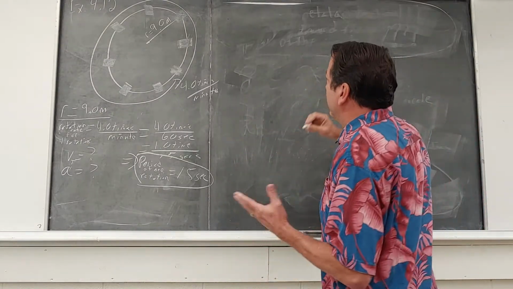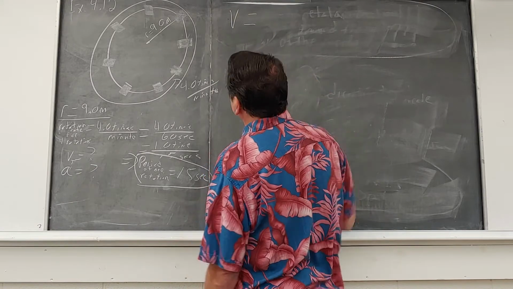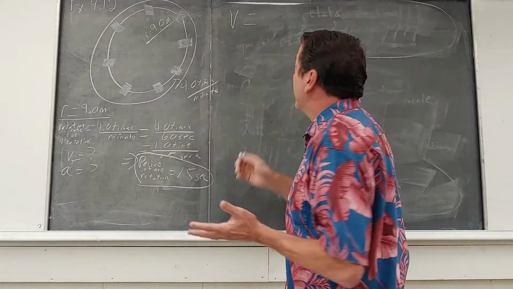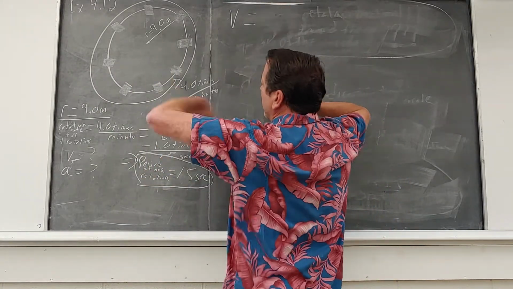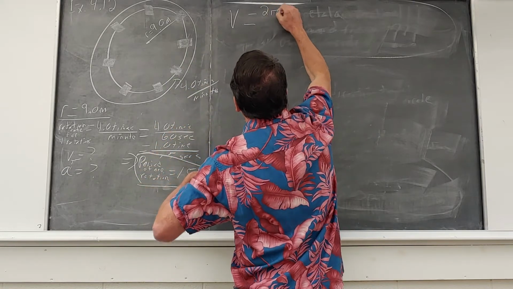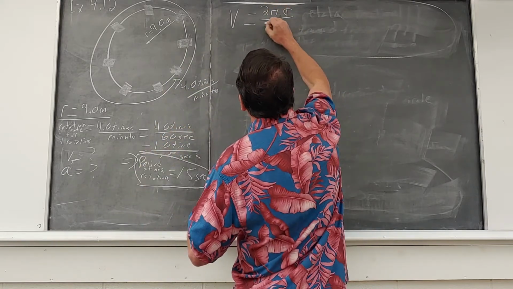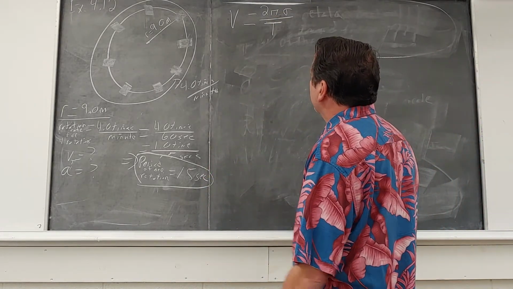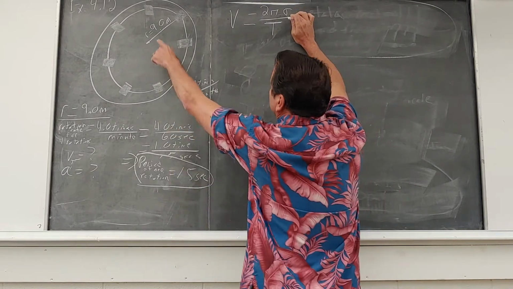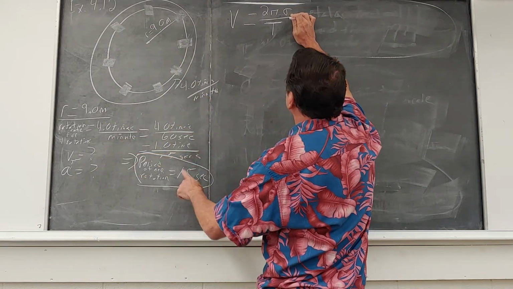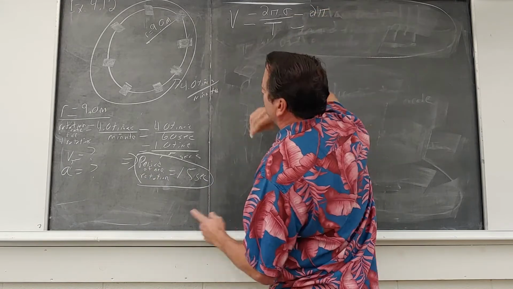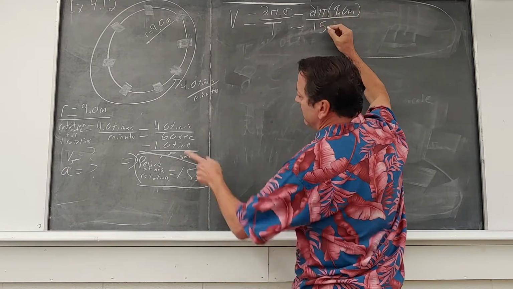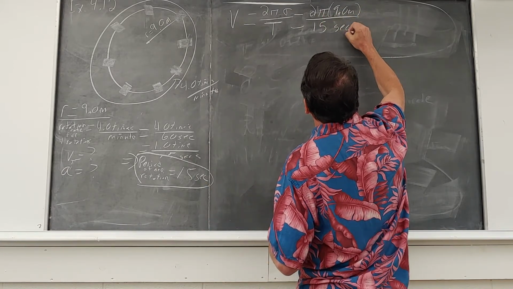Well, last time, as I reviewed at the beginning, velocity is distance over time, and the distance all the way around is 2 pi r, and the time all the way around is the period. That was from the previous lecture, beginning of section 4.4. Do we have the radius? Yes. Do we have the period? Yes. Now we can do this. So 2 pi times the radius of 9.0 meters, over 15 seconds.